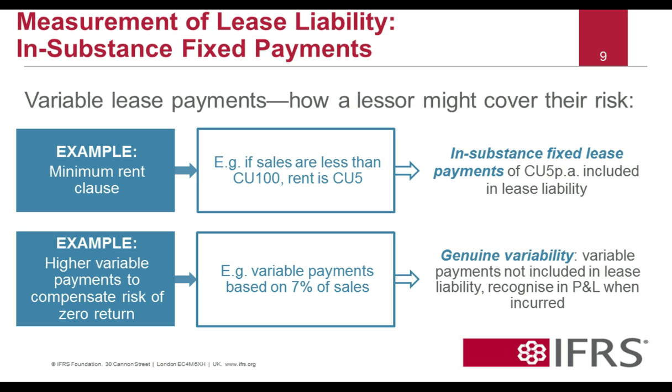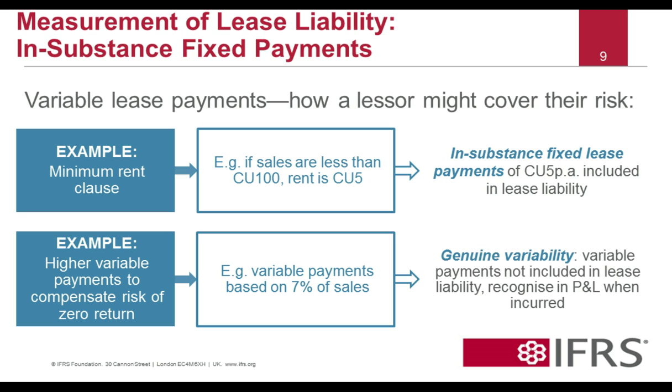Another alternative is that it might be the case that to compensate for the risk of a zero return, the amount of the variable payments is increased. Say the contract might include rentals of 7% of sales rather than 5%. In this case, the lessor might be prepared to take the risk of no payments for the upside of the potentially higher return.